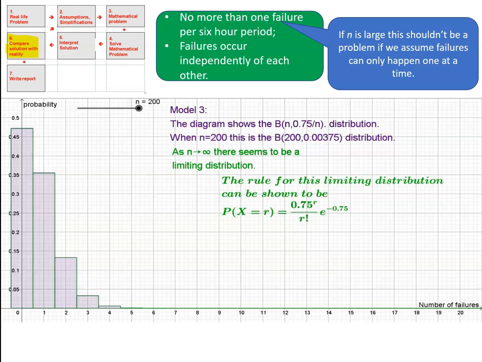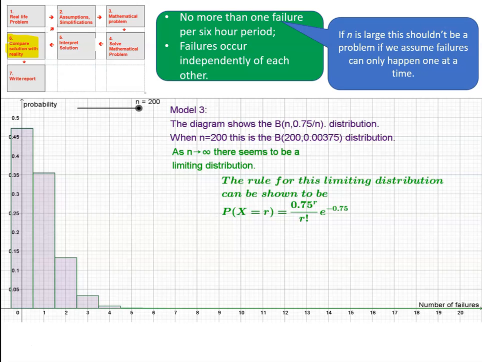So what we're saying here is that as n gets larger and larger, there's a limiting distribution. The rule for this limiting distribution can be shown to be the probability that x equals r is 0.75 to the power r divided by r factorial times e to the minus 0.75.